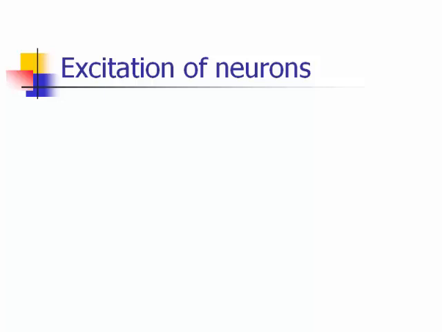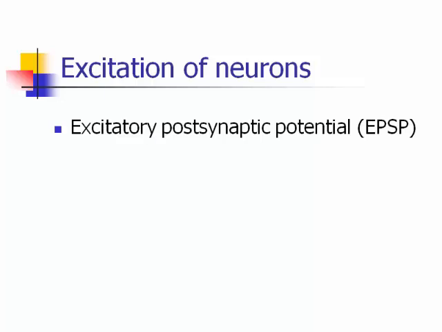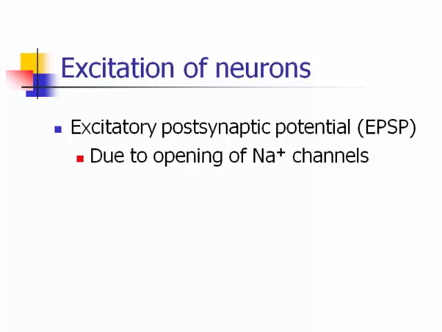Okay, excitation of neurons. So the excitatory postsynaptic potential, look at this word, excitatory postsynaptic potential, called an EPSP. You know I like to make this stuff up. So I didn't even make this up. This could have been a word I made up. It's due to the opening of sodium channels, and it depolarizes the membrane.